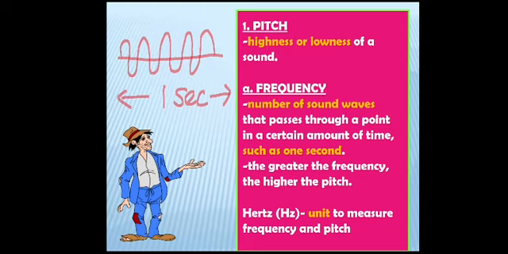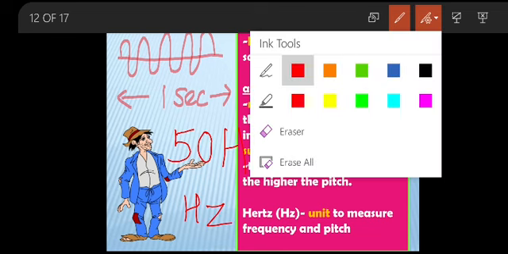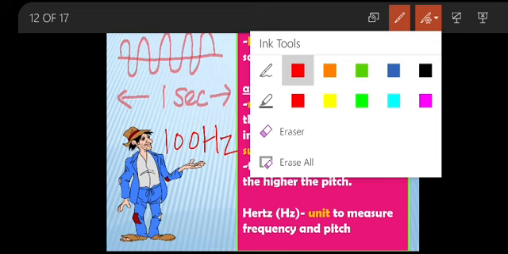I have to indicate it with the unit also. That is how we practice in physics. So if it is 50 waves, I will call my frequency 50 hertz. If it is 100 waves, I will call the frequency 100 hertz. Okay?